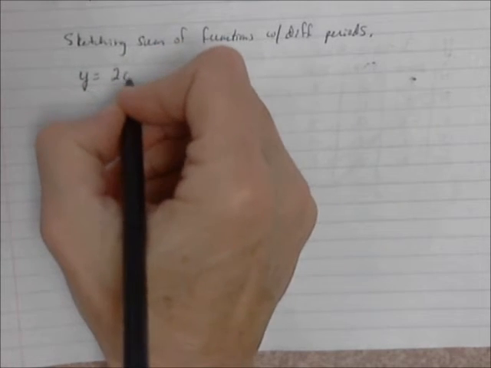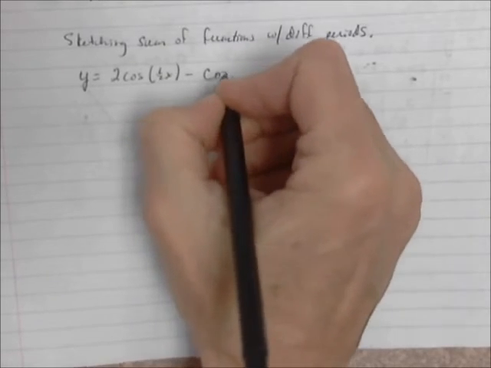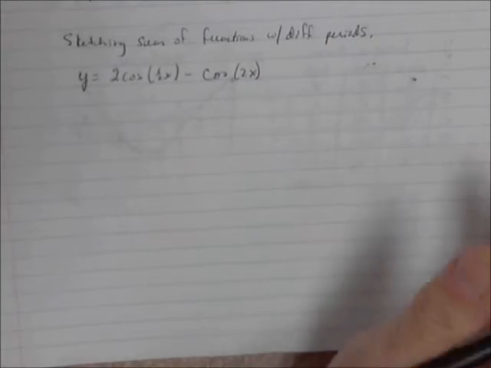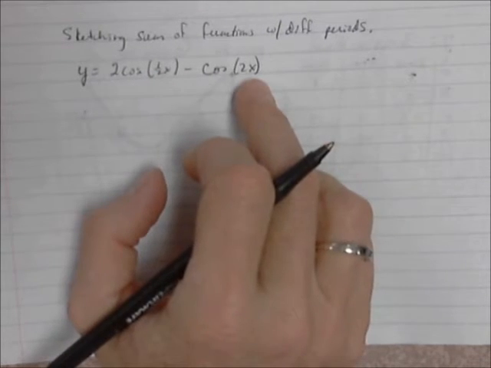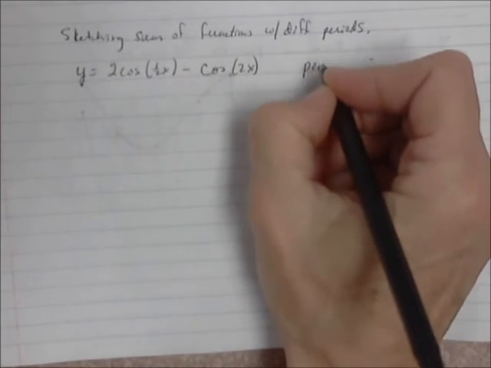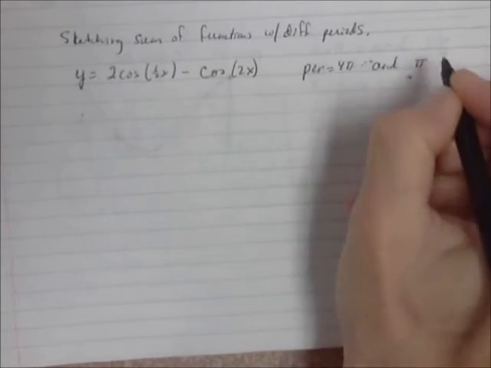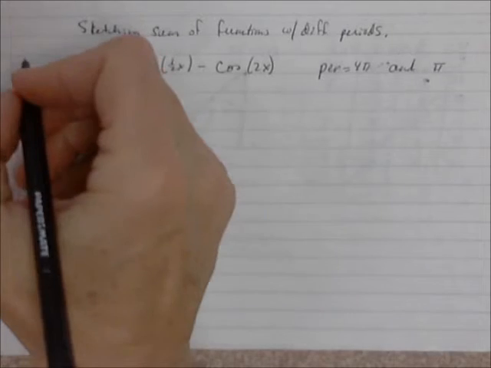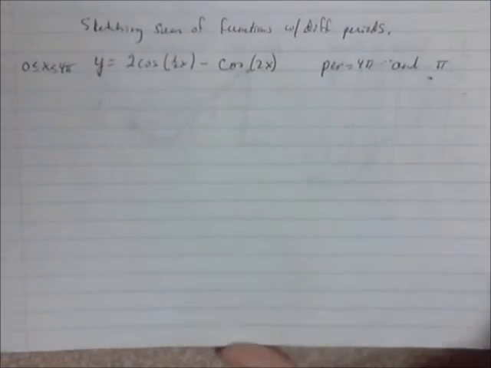Let's do y equals 2 cosine of a half x minus the cosine of 2x. All right, we have the period here being 4 pi, and the period here equals pi. And I'll ask you to sketch in the domain between 0 and 4 pi.